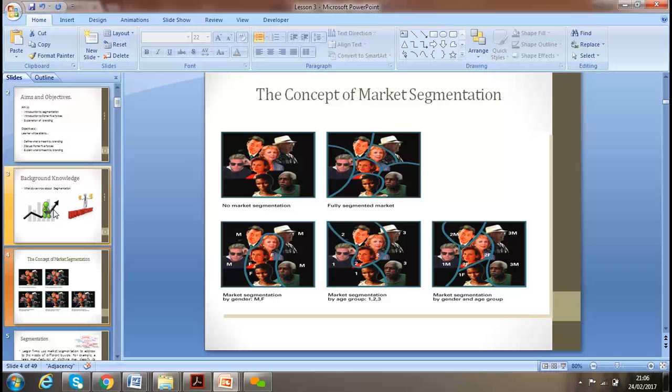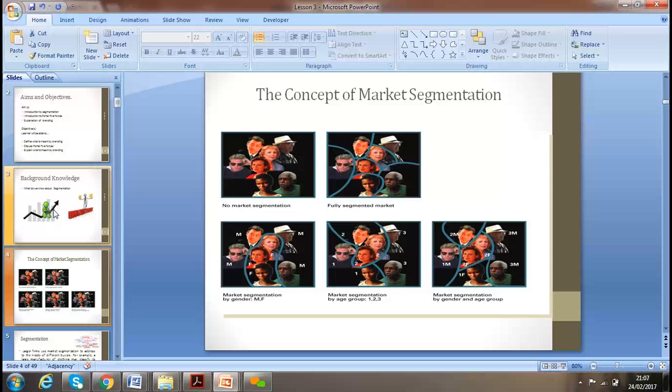Like this picture in front of you. Can you see the slides? Yes, I can. So, the concept of market segmentation. Looking at the whole market is very difficult because different people have different needs, different wants, different purchasing power: upper class, middle class, and lower class of society.